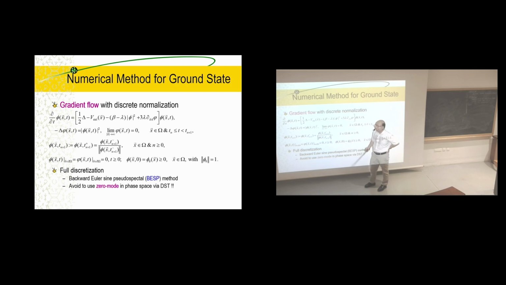This is like a Poisson equation, right? Remember my psi square, normally in Schrödinger or GP type, integrated over omega is 1 due to mass conservation. So if you integrate over omega and apply the periodic boundary condition, you have 0. Basically something like this: minus Laplace phi equals psi square on omega.